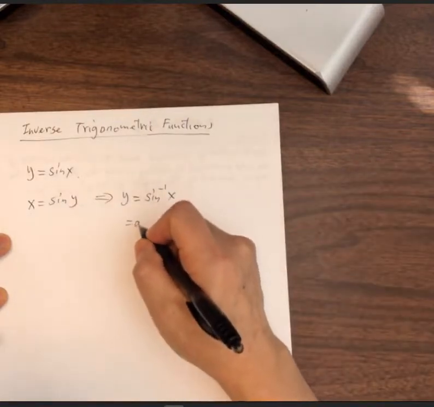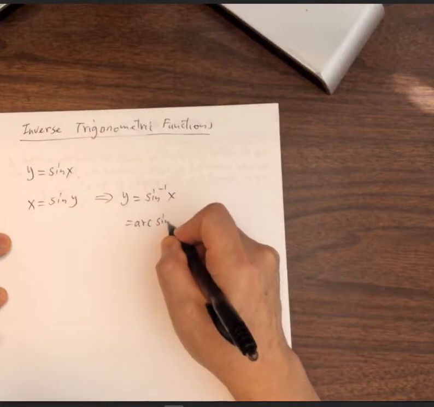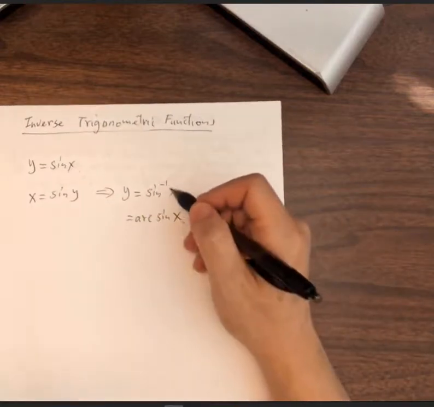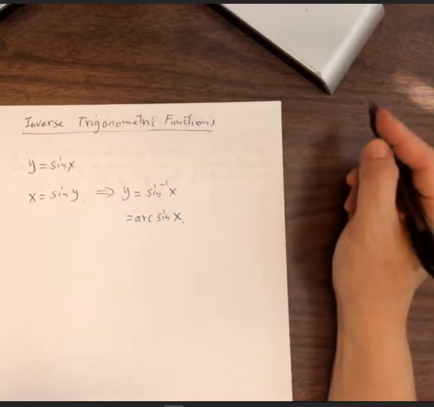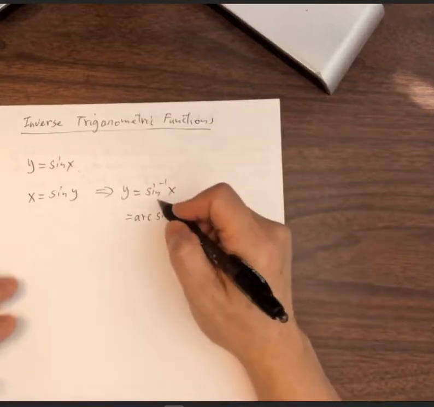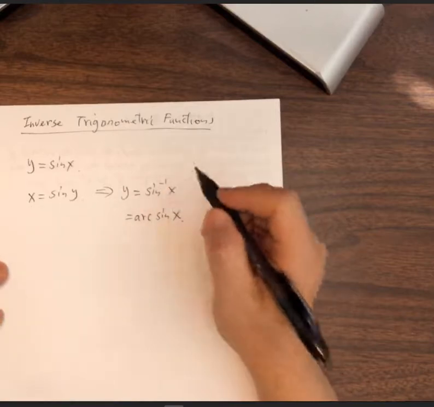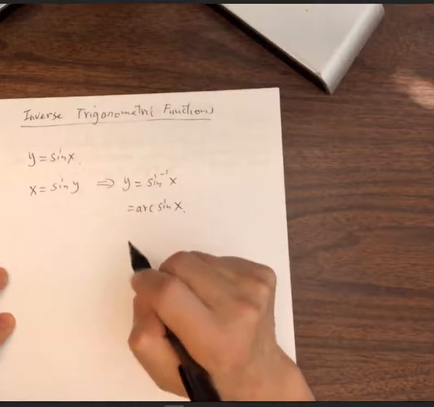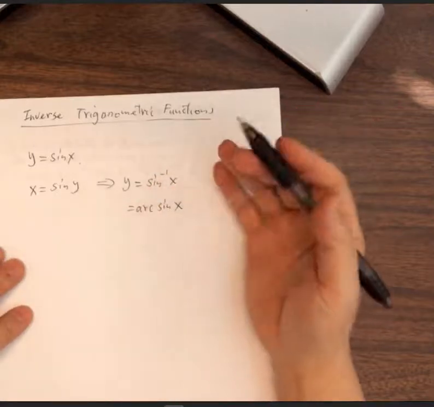Sometimes it's called arc sine too. Either one is fine. This is more popular. It's a simpler notation I use all the time. I'm lazy. Anyway, this is how we define inverse sine algebraically.